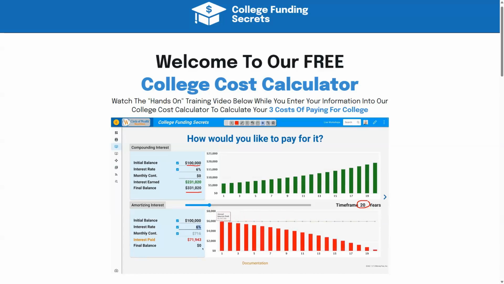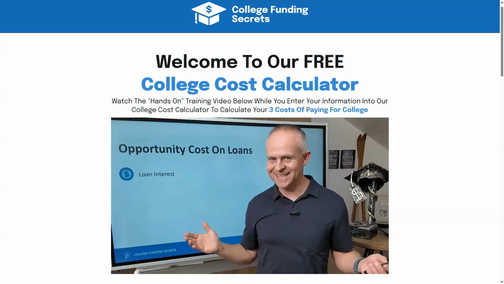So we can see the grand total of loan interest is going to be almost $72,000 over those 20 years. However, we're not done, okay?